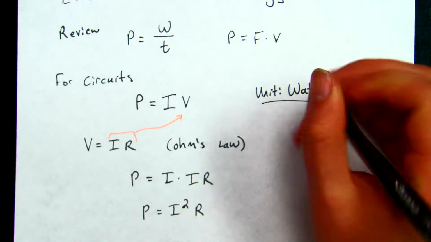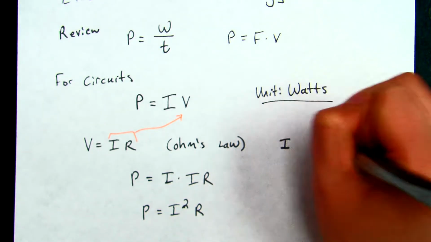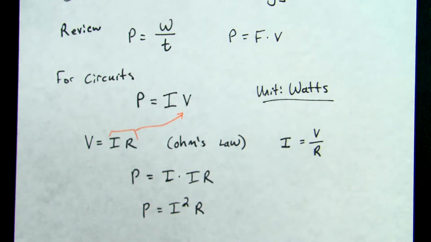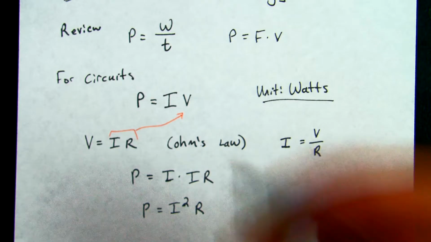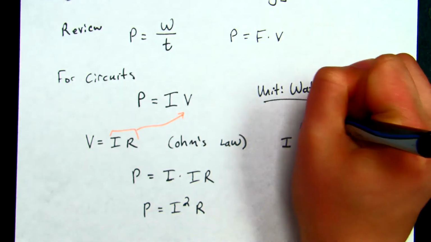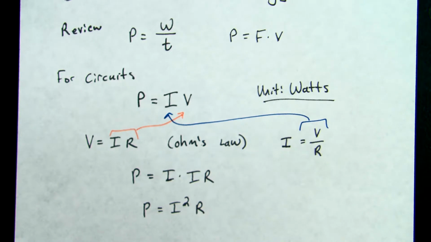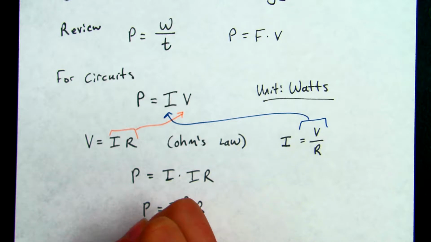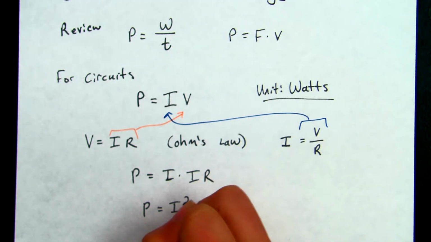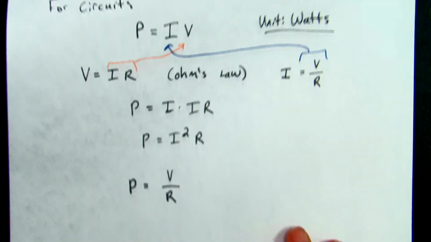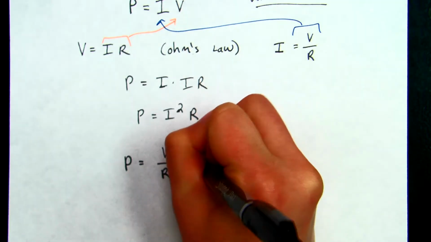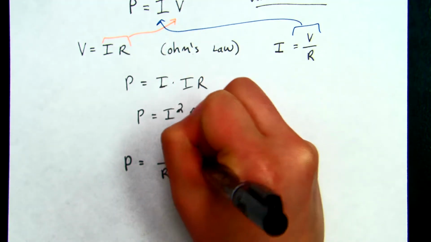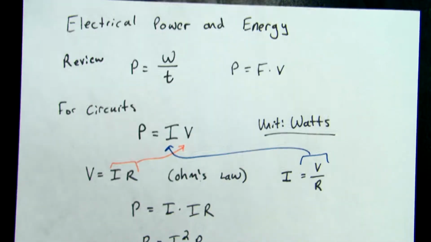Another way we've been using Ohm's law is solving for current, that I is equal to V over R. And so if we use I is equal to V over R, and we plug this in for I, another way that we can write power is P is equal to V over R times, oops, sorry, not R, V. Yes, P is equal to IV.